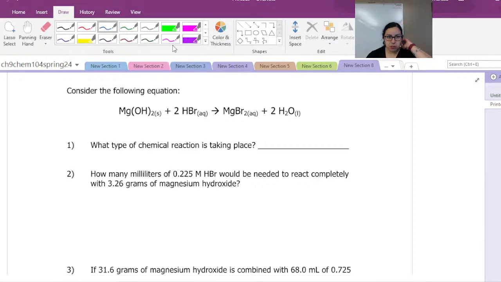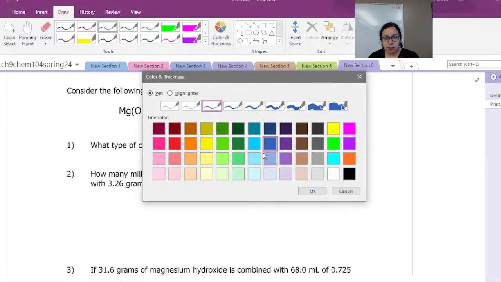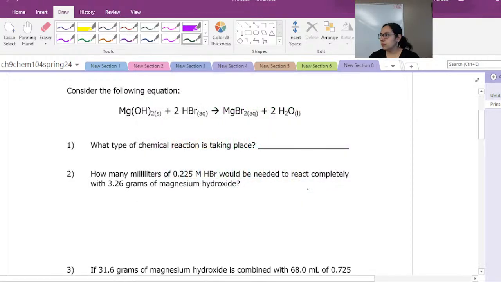So how's number 2 going? What have we done so far? So it's asking for how many milliliters. And then what can we solve then?